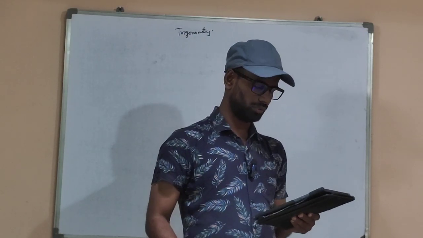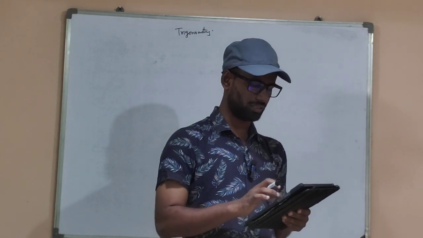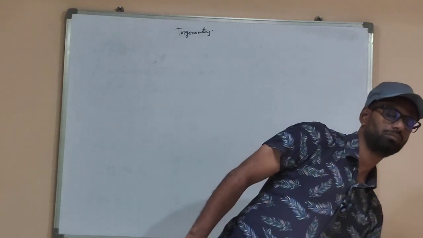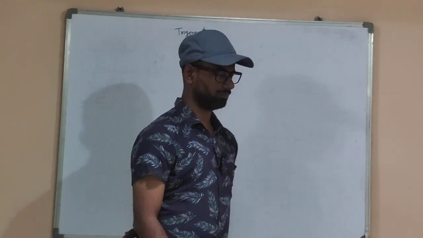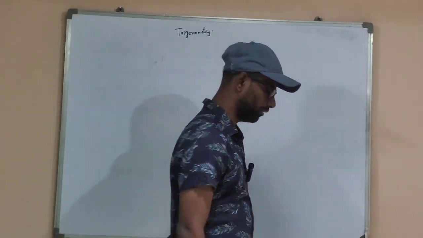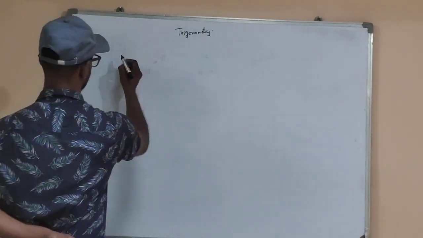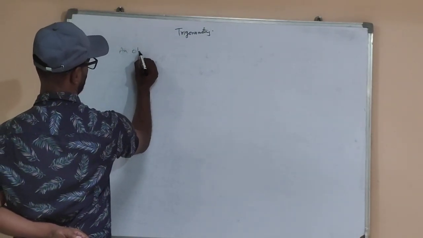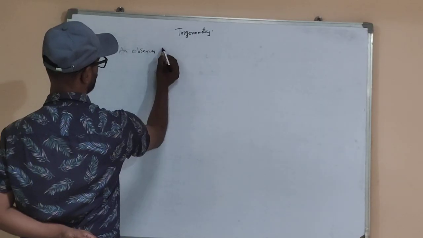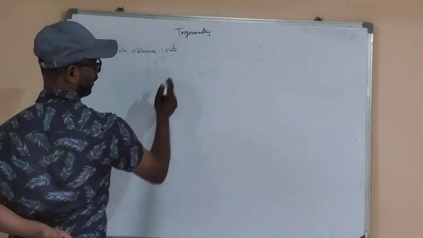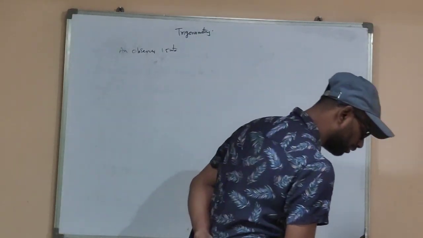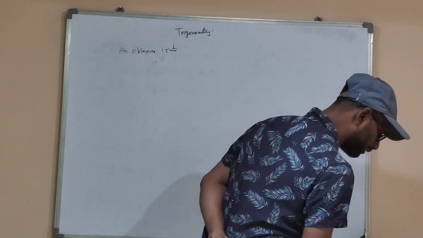So next one is Example 3, page number 50. Applications of trigonometry. The question is: an observer who is 1.5 meters tall is 28.5 meters away from a chimney.